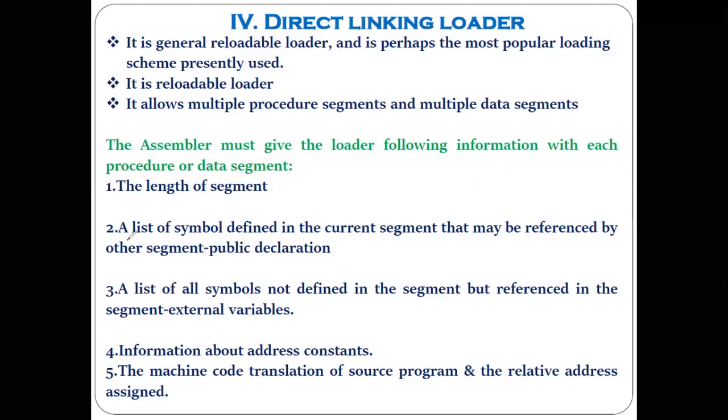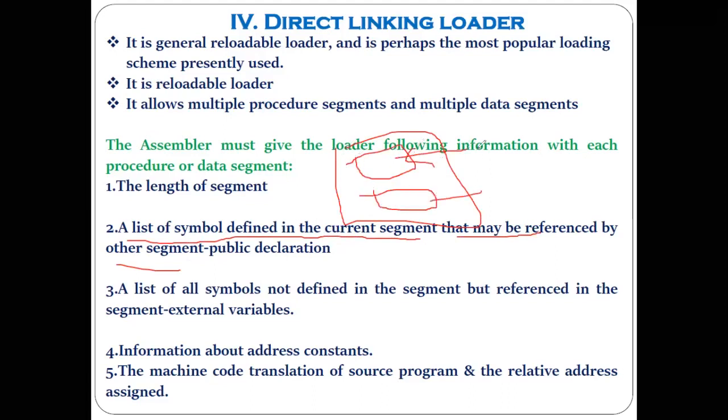So the second is what? A list of symbols defining the current segment that may be referenced by the other segment. As I said, there are two functions, one is the xyz and one is the abc. So whatever symbols you are utilizing in the particular function xyz, regarding this, the information has to be provided to the loader.